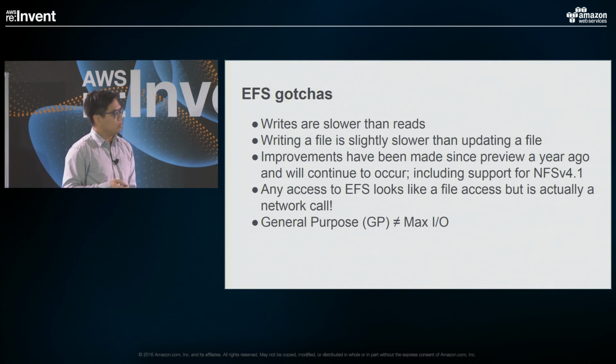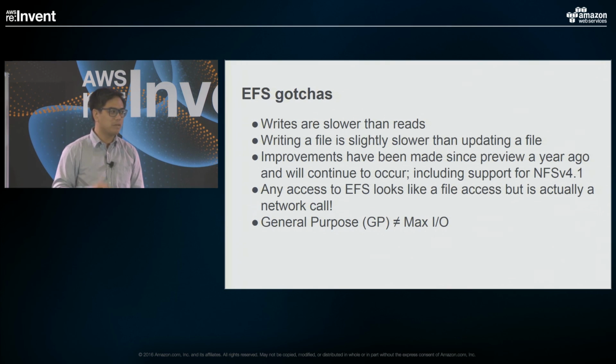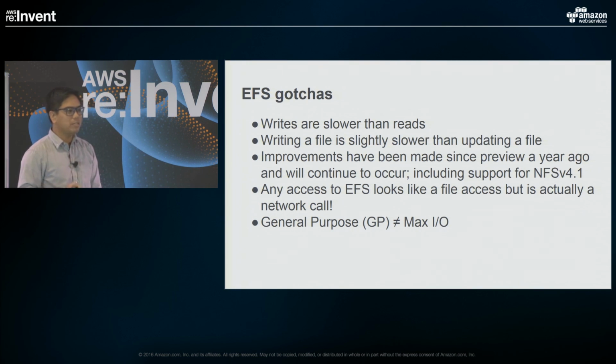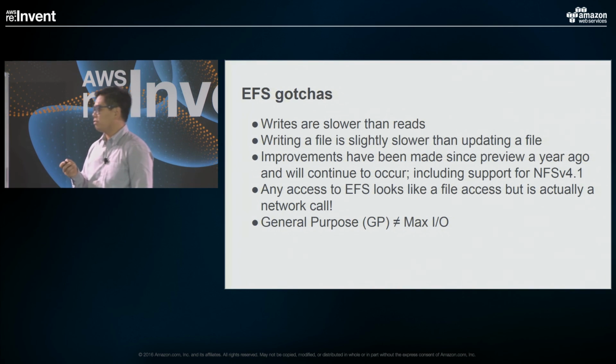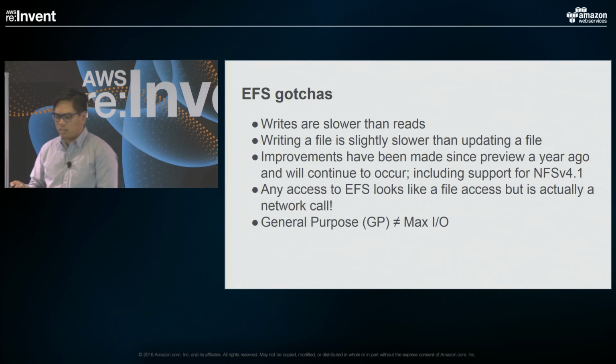And I have all the reason to believe that Amazon will keep updating and improving on EFS. Any access to EFS call looks like a file call, but in essence it's a network call. And I think that's a really important lesson to learn. So the prime example was we had an instance where we were trying to read a file and serve it to our customer as fast as possible, but we were statting the file, describing the file, opening it, reading it.